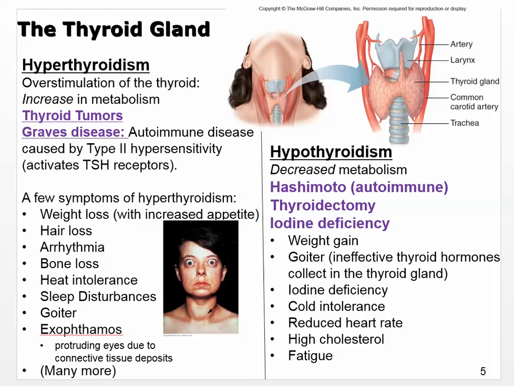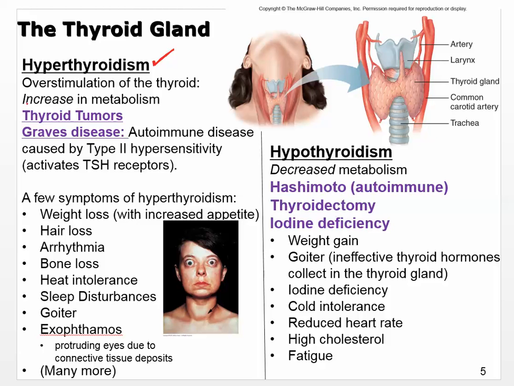Okay, so there are a number of hyperthyroidisms. That means that your thyroid gland is overactive. Okay, so in general, that's what we're talking about. Hyperthyroidism, the thyroid gland is overactive.